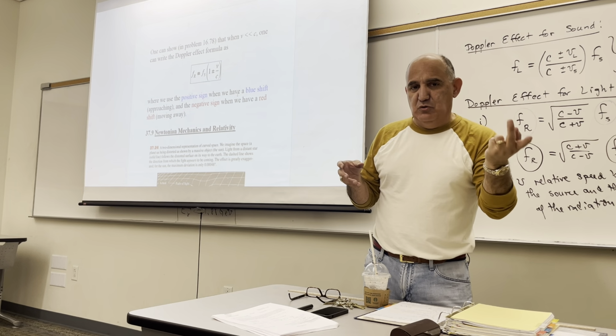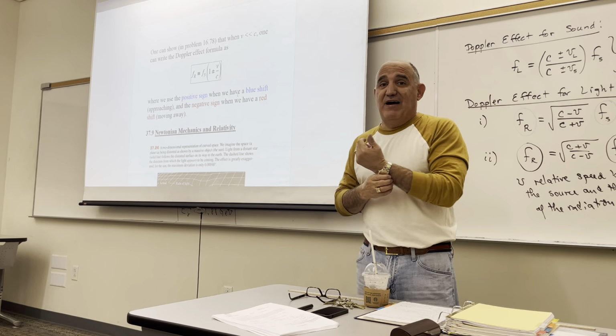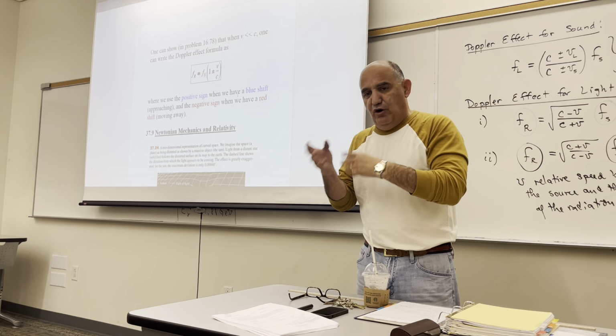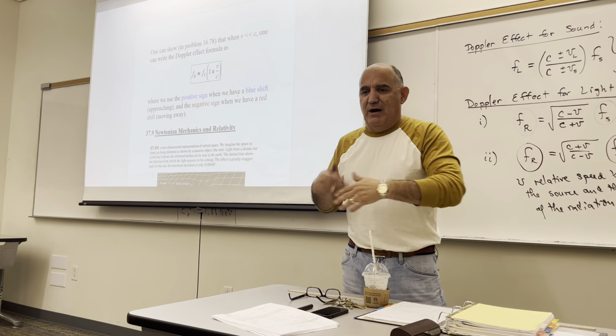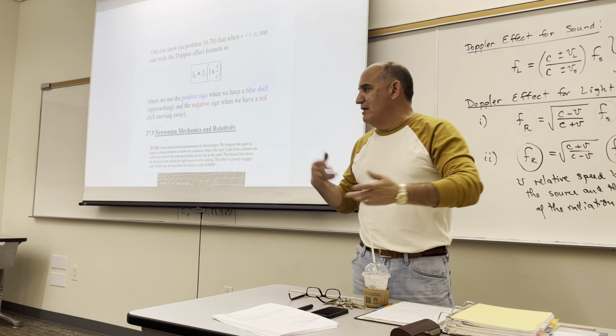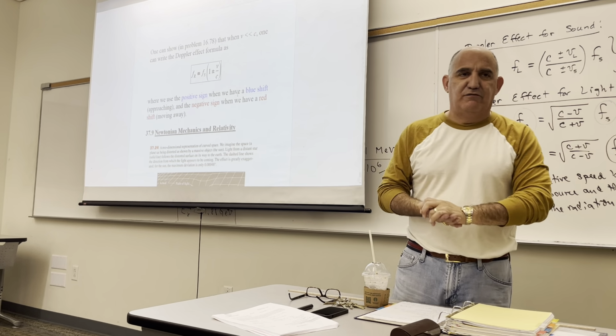So you really have two Doppler effect problems in there, and then the cop can figure out how fast you're traveling. All of this is automated, and very quickly it converts it to miles an hour, and depending on the speed limit in that area, the cop can decide to either give you a ticket or not. But it's just a Doppler effect for radio waves, which is a light wave, right? That's how that works.